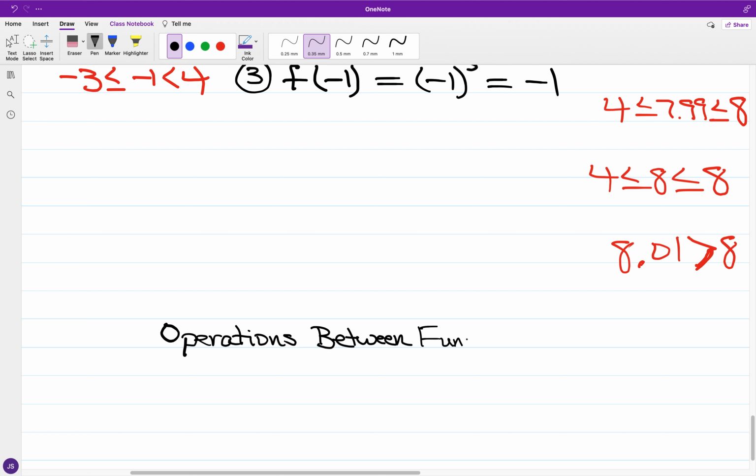You can have functions designated in various ways, just different ways of labeling, but for good general cases, we'll designate the functions as f of x and g of x.